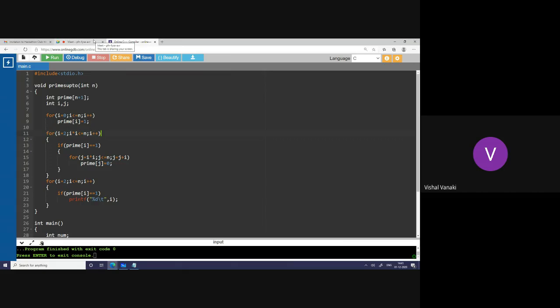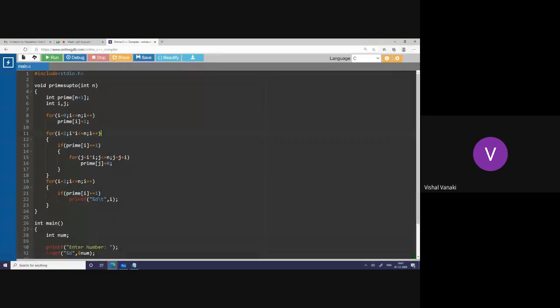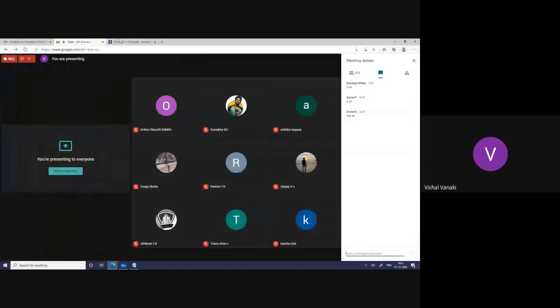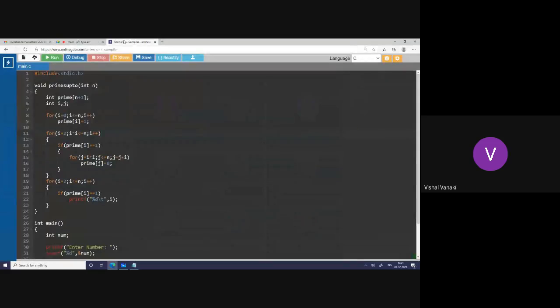If you want, you can take a screenshot. In the main function, I'm just sending a number to this function. Once it is done, let me know. We'll go for the next program, that is checking whether the given number is prime or not using the Sieve algorithm.